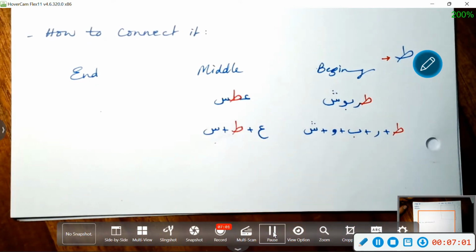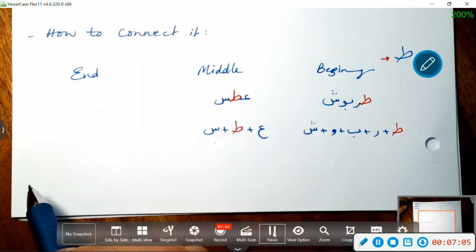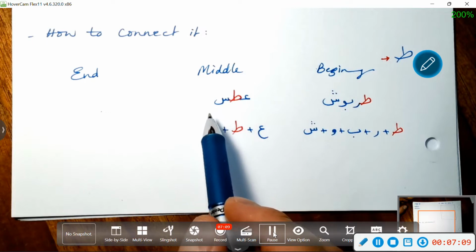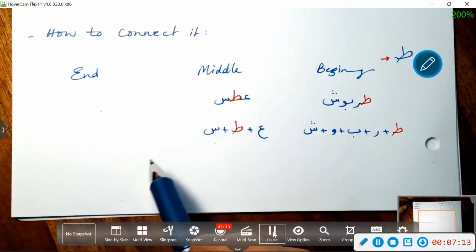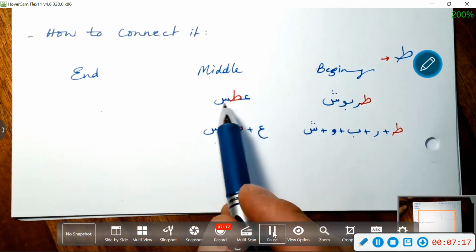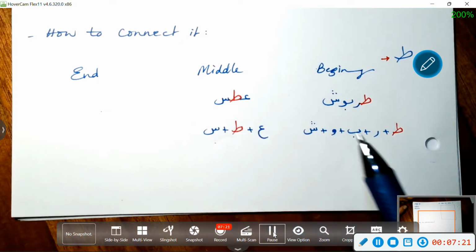Now you may hear that when I read عطس, as if at the end there is a sound of sa, not sin. And that's because sometimes when sin comes after ta, it's kind of hard for the mouth to pronounce it. You cannot say atas.